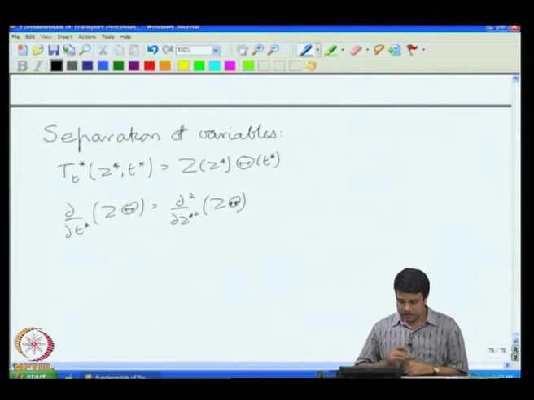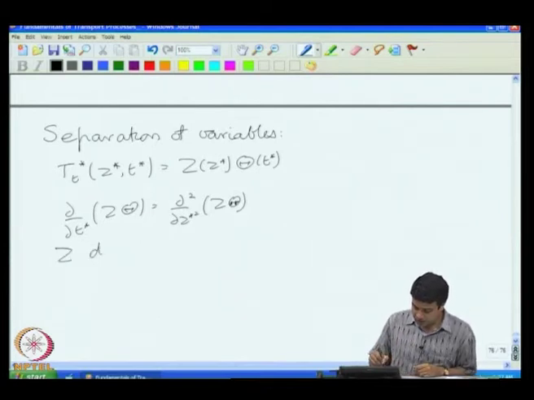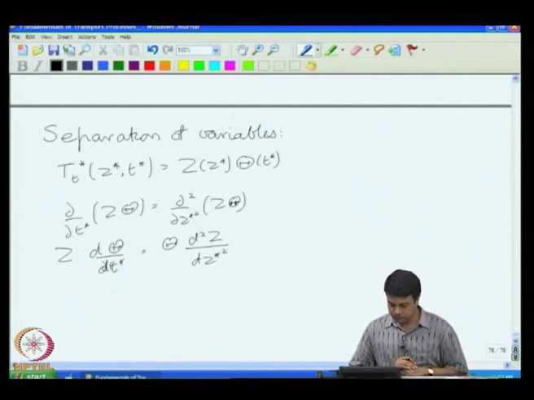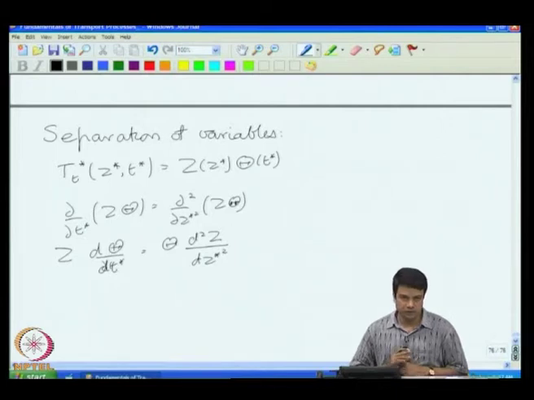So, I can write this as z times d theta by dt is equal to theta times d square z by dz star square. Note that I have used the total derivatives d here. The reason is because theta is only a function of t, therefore, the partial derivative is also equal to the total derivative, because it is only a function of one variable. Similarly, z is a function only of z star, therefore, it is a total derivative.